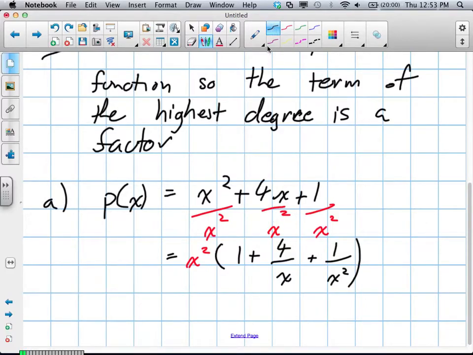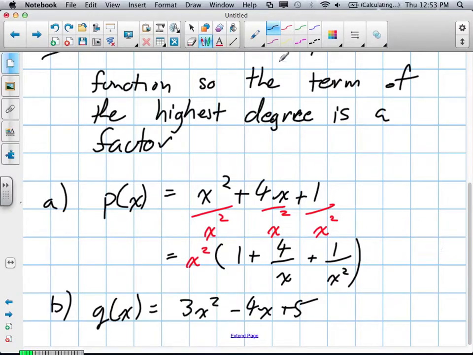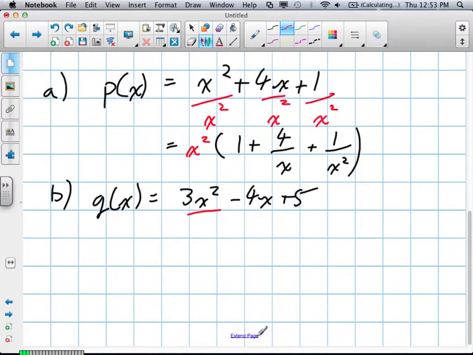Okay. Another example of this: q of x is 3x squared minus 4x plus 5. Same idea, write it so the highest degree is a factor. Again, we have the exact same highest degree, our x squared. And in this case we're actually going to take the coefficient of the highest degree also.